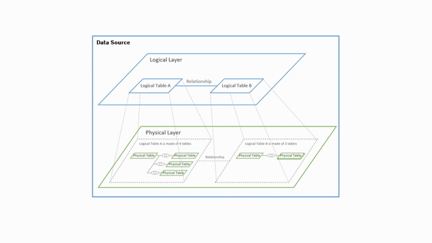Now, this image shows us how the logical layer and the physical layer are connected. In the logical layer, we have table A and table B connected by a relationship, which we also call a noodle. And if we were to double click on any of the logical tables, it would open up the physical layer. The physical layer of the data model is where we can combine data using joins and unions.